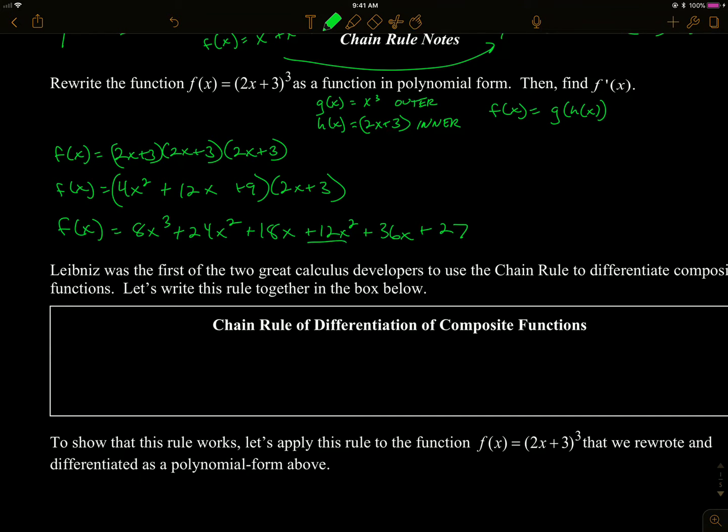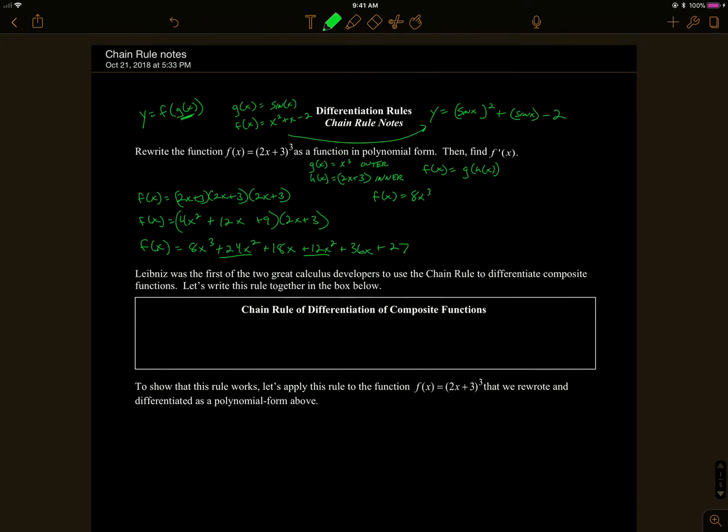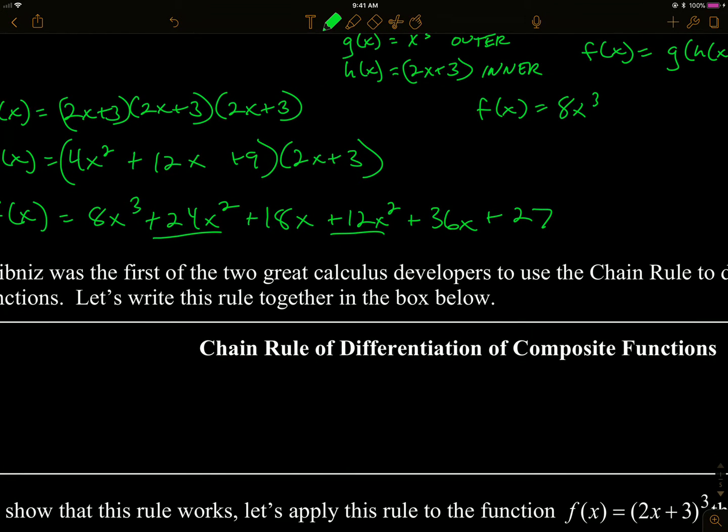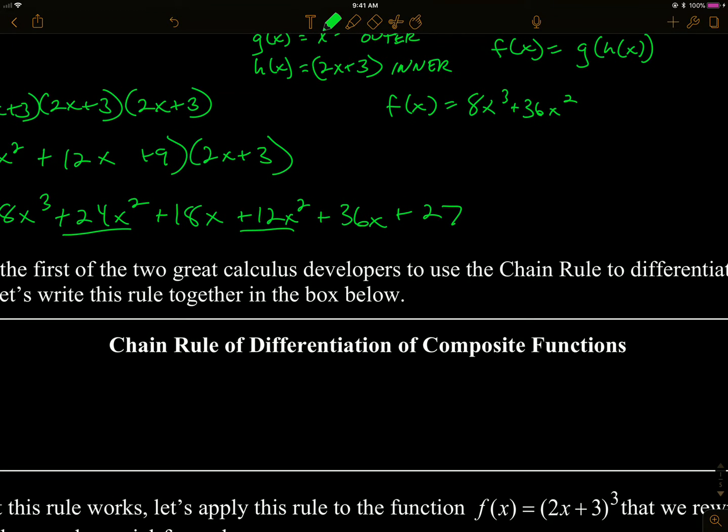Can I combine anything here? I can combine the x squareds. So my f of x is now 8x cubed. For my x squareds, I've got 36. For my x's, I've got what? 36, 40, 54.